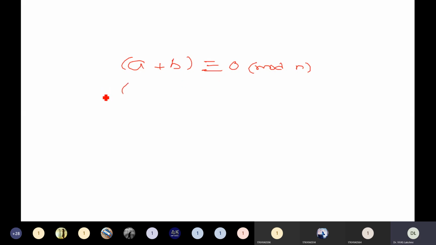Whereas in multiplicative inverse, a into b is congruent to 1 mod n. So these are the formulas for additive inverse and multiplicative inverse.